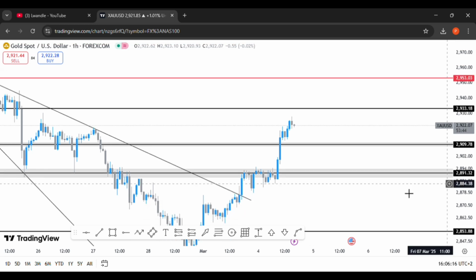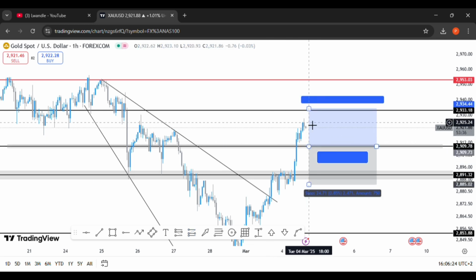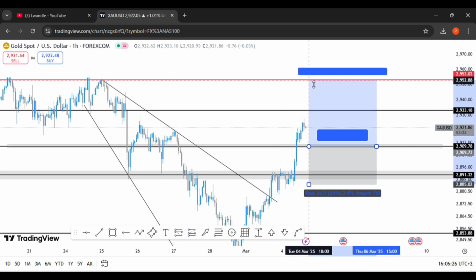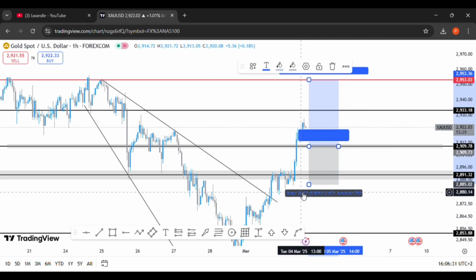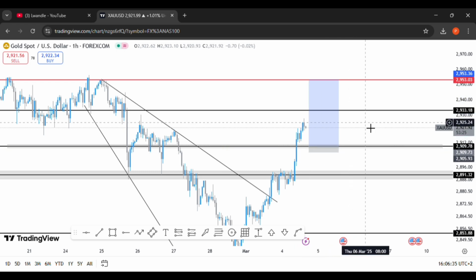So once the market touches there, that is whereby I will be comfortable looking for those buying opportunities to go to the top side, understand? So these are the buying opportunities that I'll be looking for, understand? And then obviously we have to keep our stop loss as tight as possible.